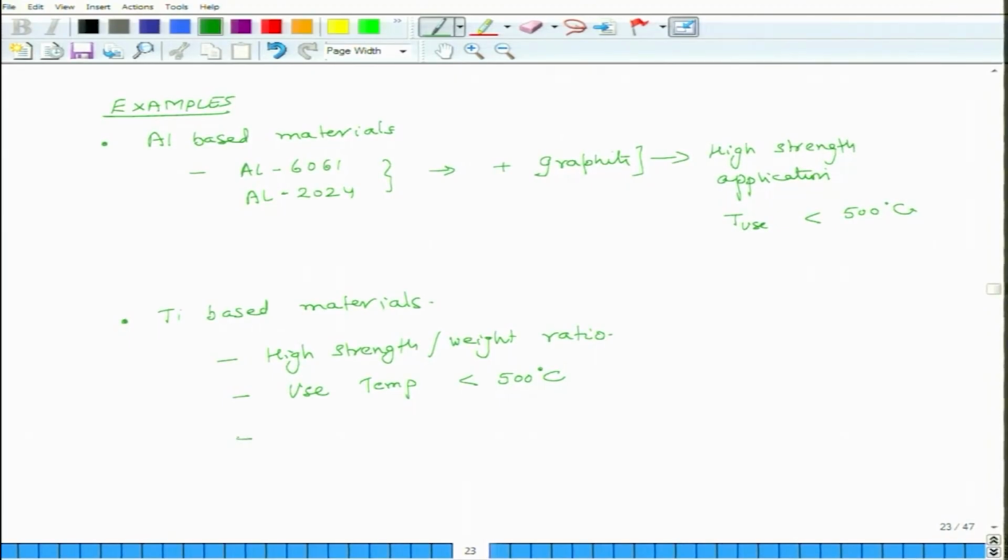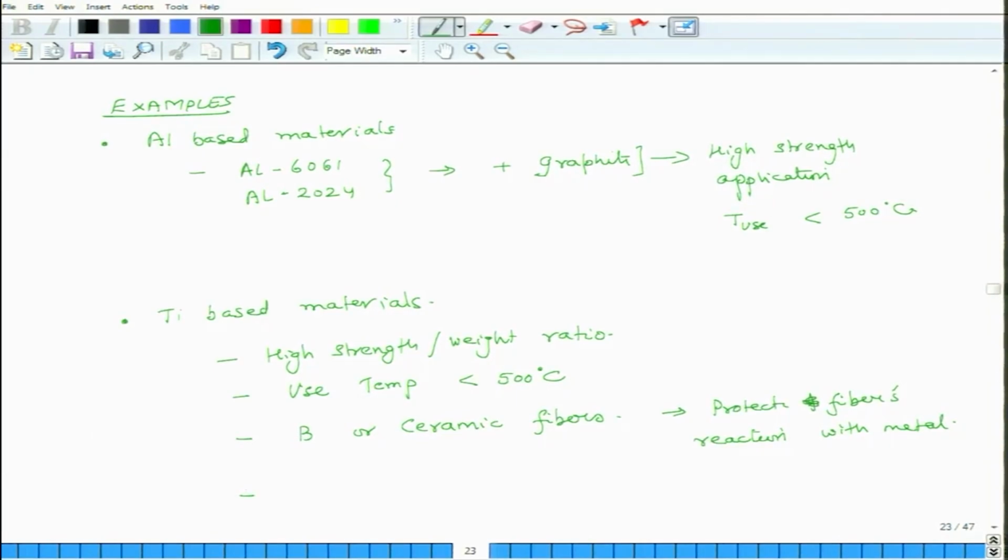okay. A lot of times you use these titanium based materials with boron or ceramic fibers, but again boron interacts, or silicon carbide fibers. So, again you have to have protection against reaction, protect fibers from reaction with metal, this is important, okay. And two examples of these titanium based materials.